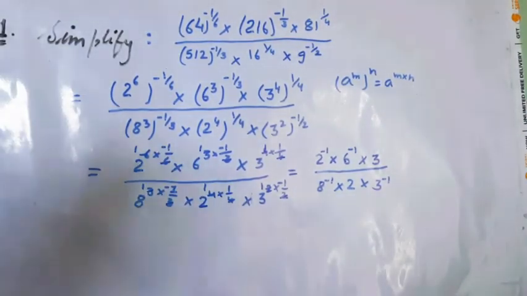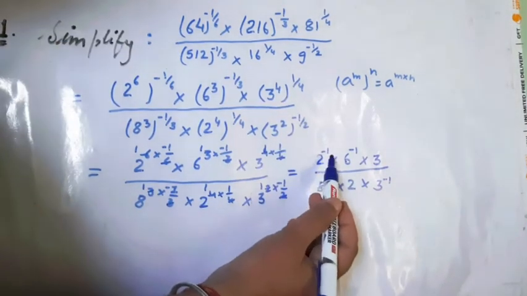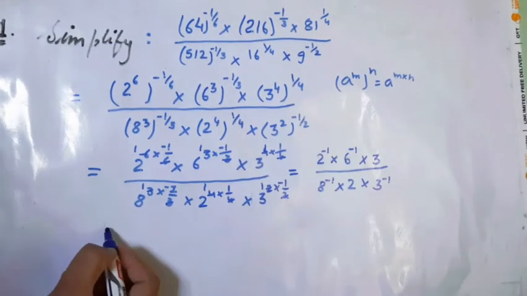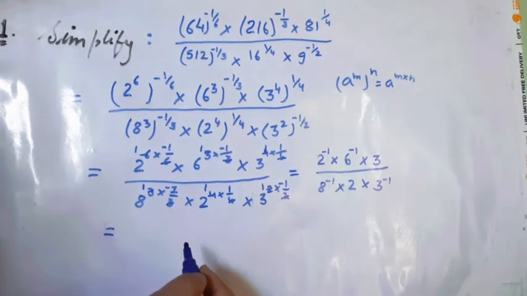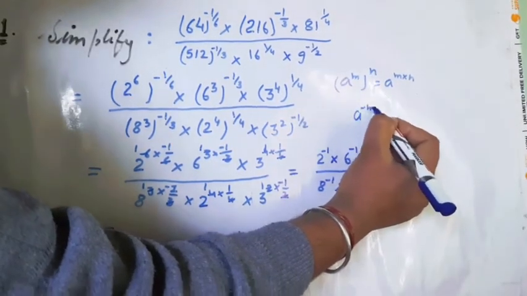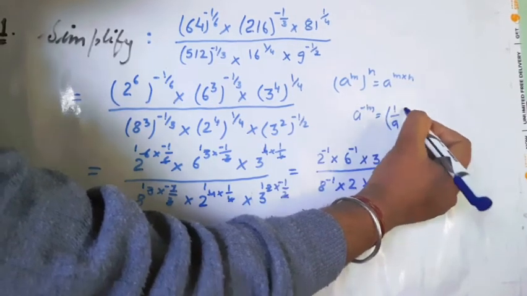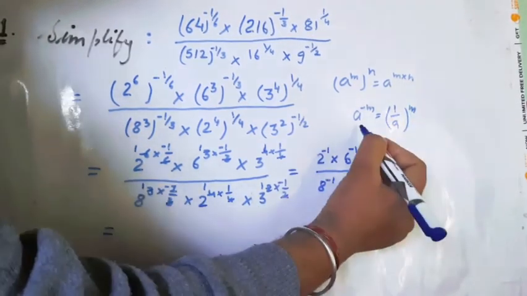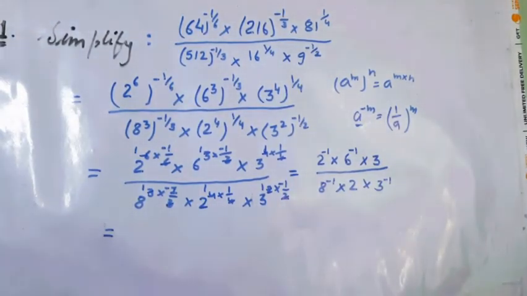Now first of all, you have to make the power positive. Still it is negative. So how can you make it positive? Let us see. You know a raised to power minus m can be written as 1 upon a whole raised to power m, means we have to take the reciprocal of the base to make the power positive.